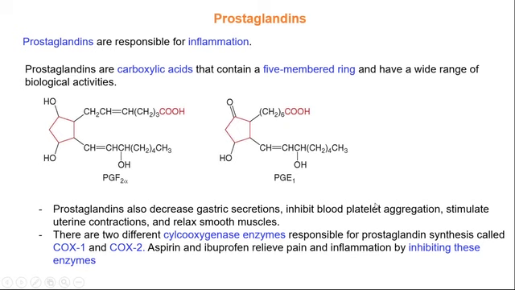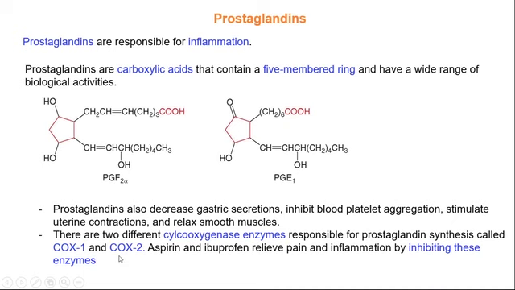They are known to inhibit platelet aggregation. They stimulate uterine contractions, and they relax smooth muscles. And the 2 enzymes which are responsible for prostaglandin synthesis are the cyclooxygenases. So you have COX-1 and COX-2.